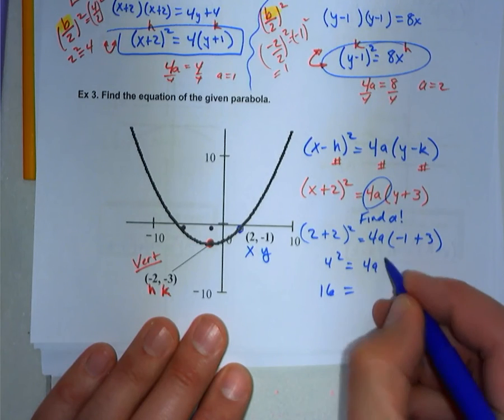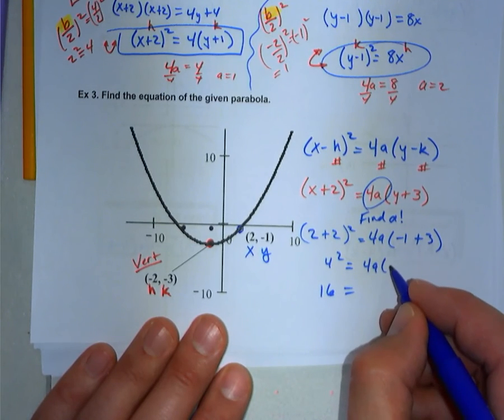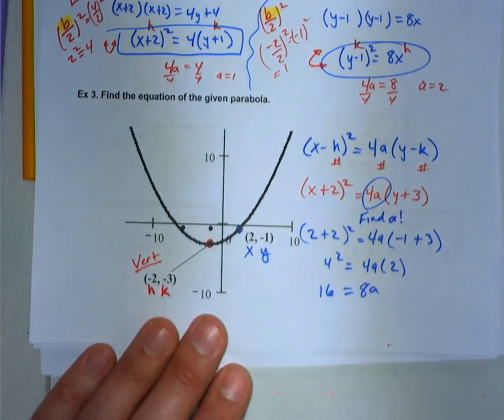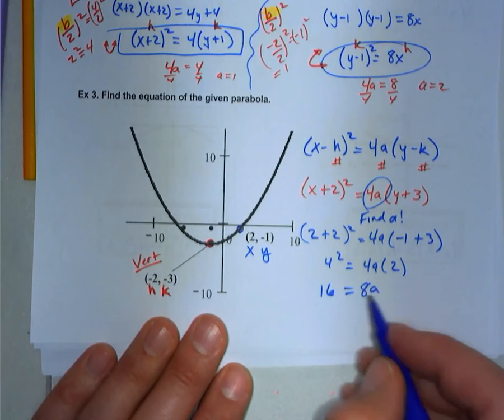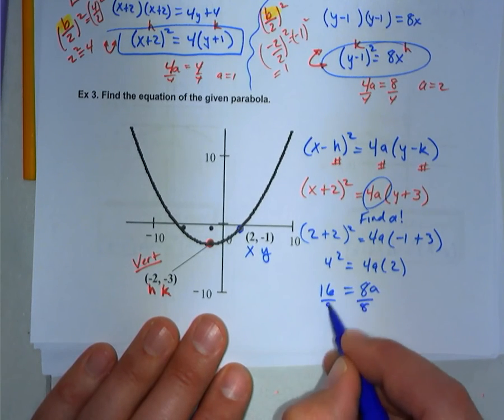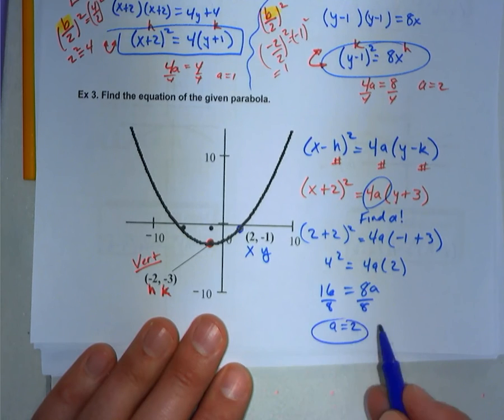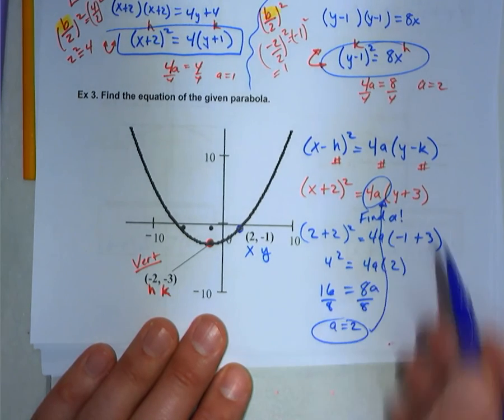We get 4a times (negative 1 plus 3), which is 2. 4 times 2 is 8a. And then we can go ahead and divide by 8, and we get what? 2? You guys good with that? Yeah.